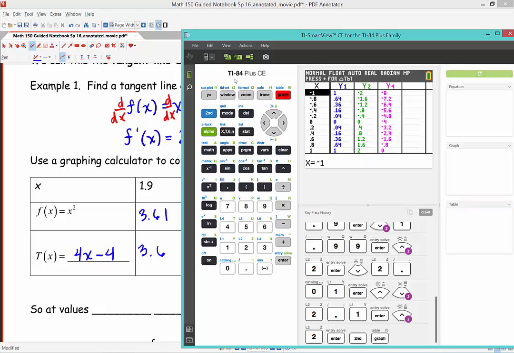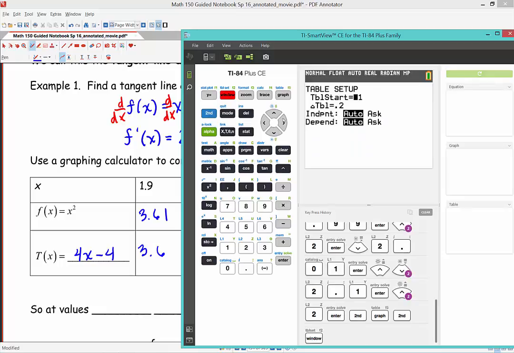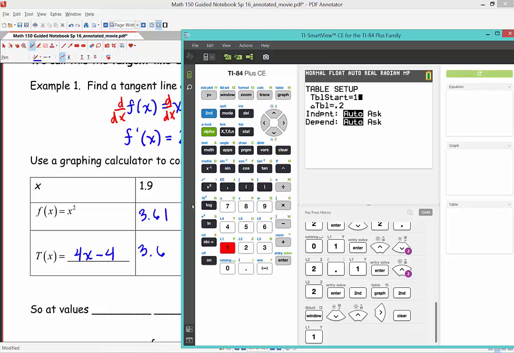Do you guys see? We want to start at 2. Second table set, table start. We'll start the table at 1.5. No, you know what?